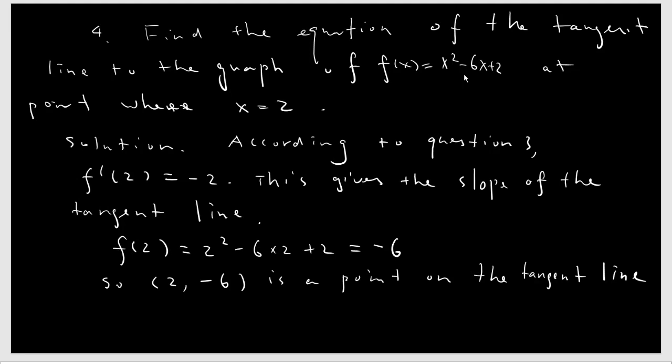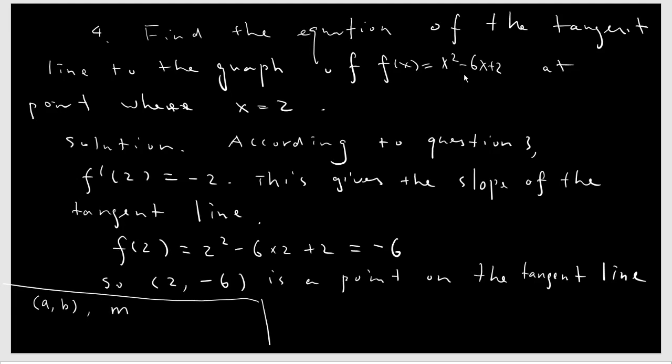So do you want to recall the point-slope form? It is not part of the solution, but I'm going to recall the point-slope form. I do not have the space to write the full sentence. But in general, if you know a point on the line, with x-coordinate a and y-coordinate b, and also if you know the slope m of the line, how can we get the equation of the line?